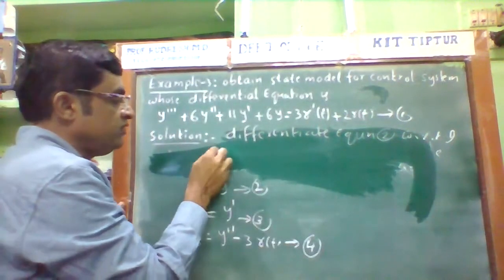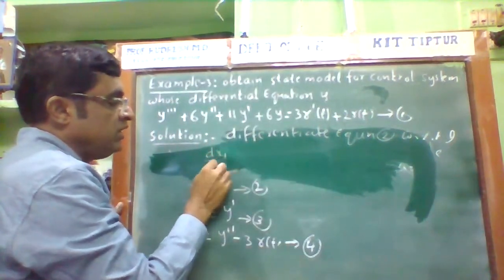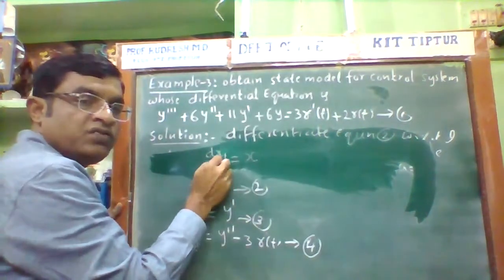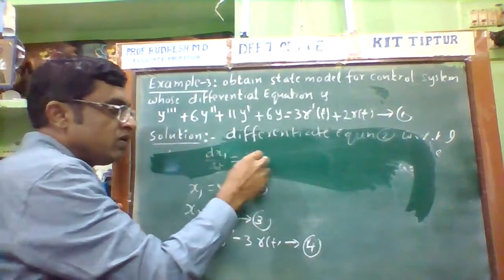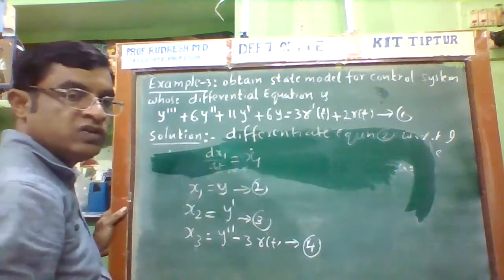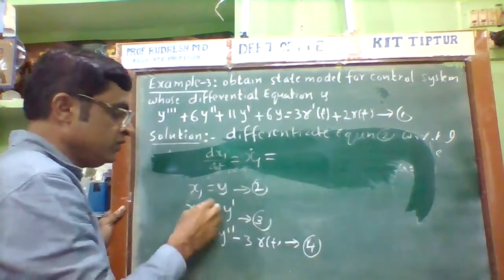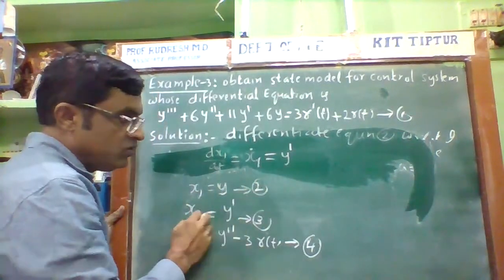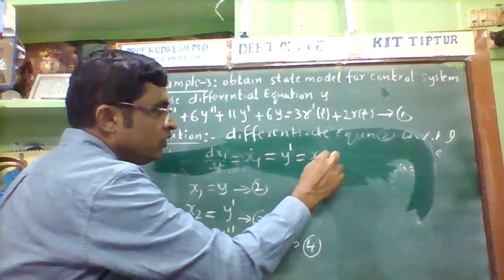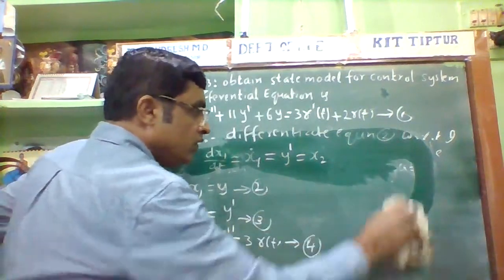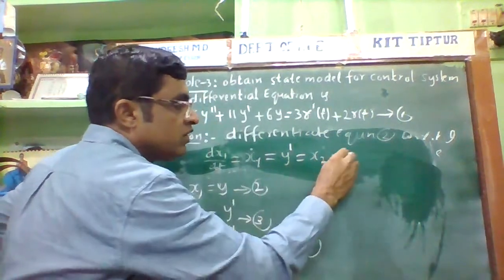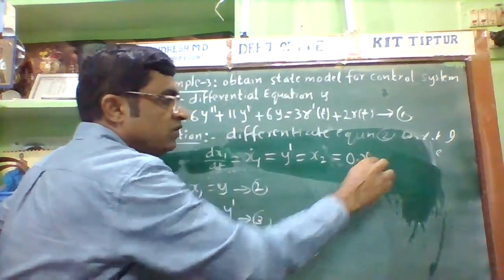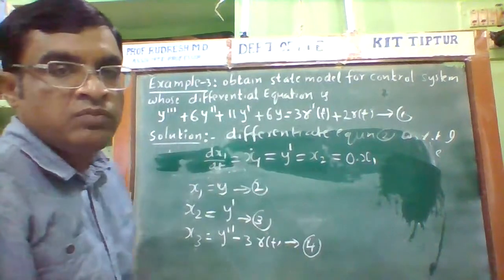What is the differentiation of dx1 by dt? It is written as the first derivative of the state variable x1, in the state equation form. This is equal to y dash. The value of y dash is equal to x2. There are three variables, so the other two variables are also to be written; therefore I should write it in matrix form.